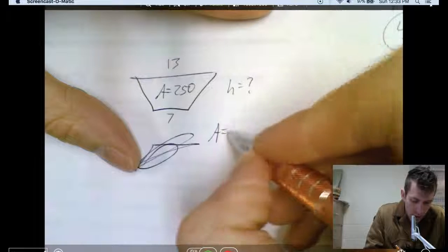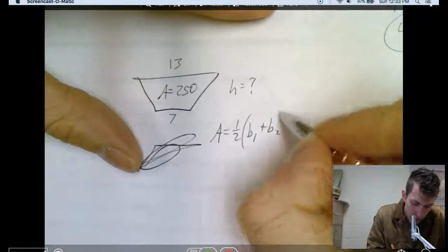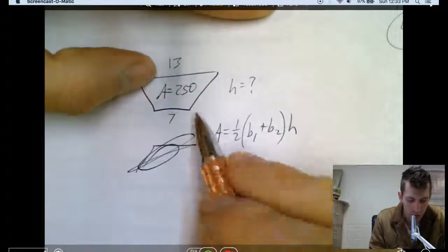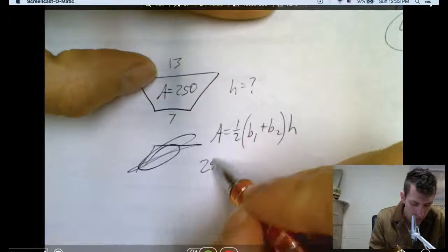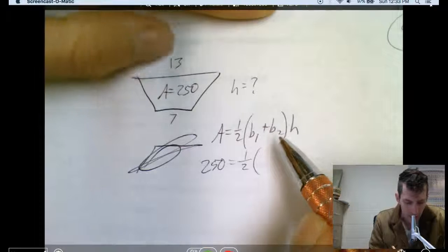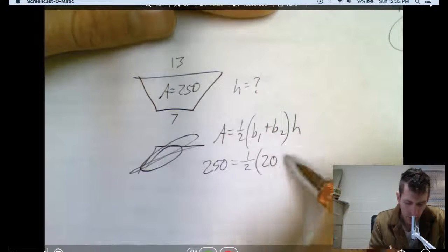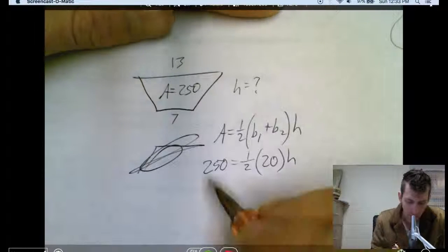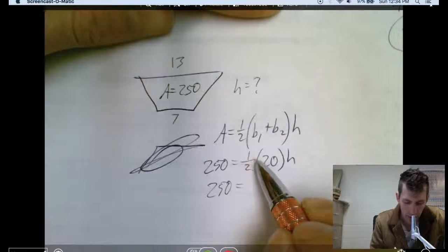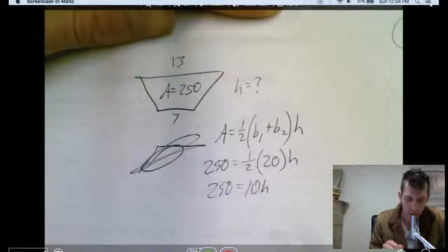Write the formula. Area equals 1/2 base 1 plus base 2 times the height. Okay, plug in what you know. Area is 250, so I'm going to put 250 for the A, equals 1/2 base 1 plus base 2, 7 plus 13 is what? 20 times height. What is 1/2 of 20? 1/2 of 20 is 10. 10h.